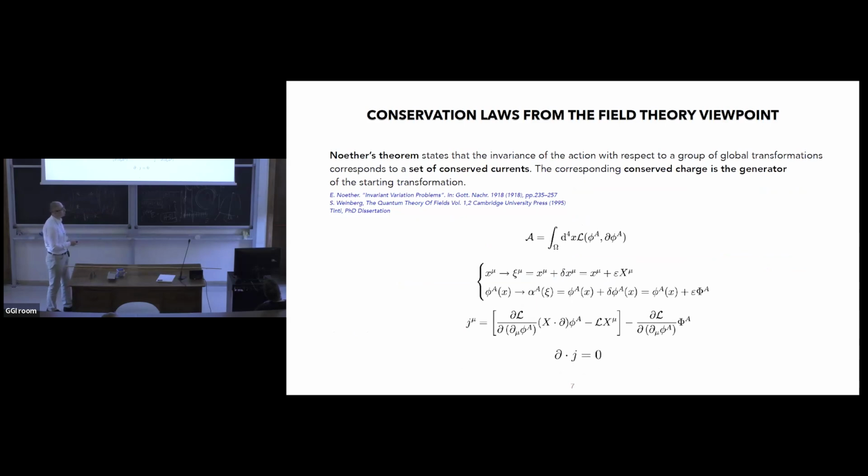So how to do that? In principle, you can start with the usual methodology, starting from Noether's theorem. You start with the action, and then Noether's theorem tells you that the invariance of this action with respect to the group of global transformations will result in the conserved currents.